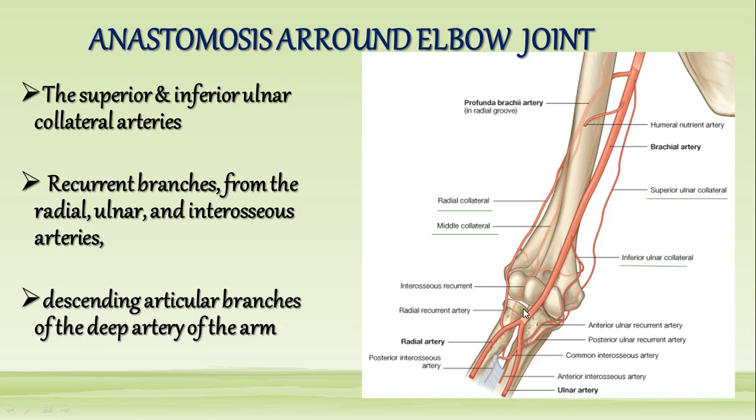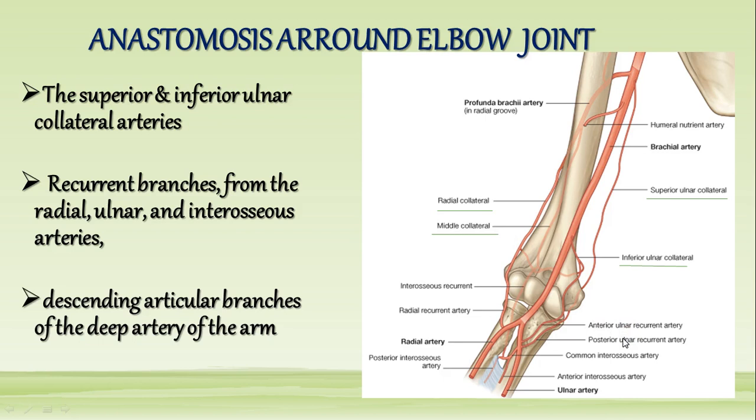So briefly, two branches from the brachial artery: superior ulnar collateral and inferior ulnar collateral. Two branches from the profunda brachii: the radial collateral and the middle collateral.